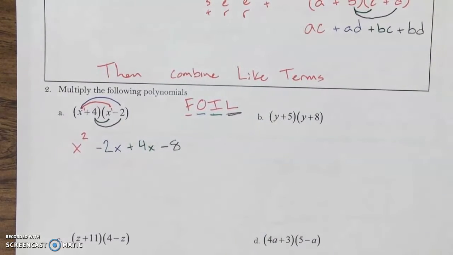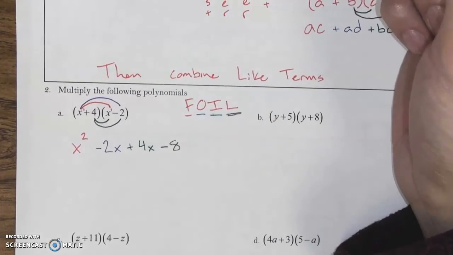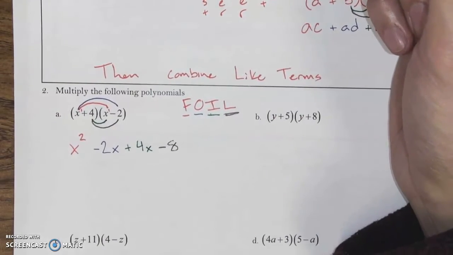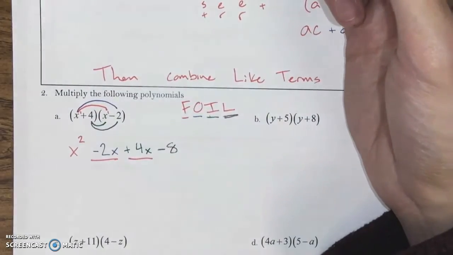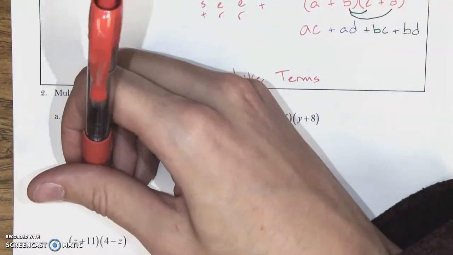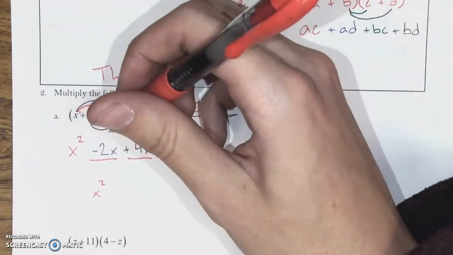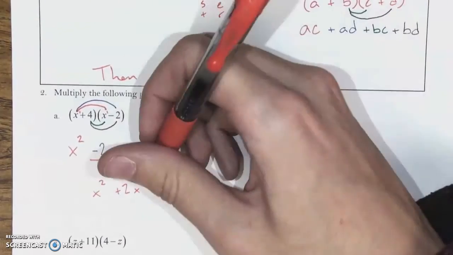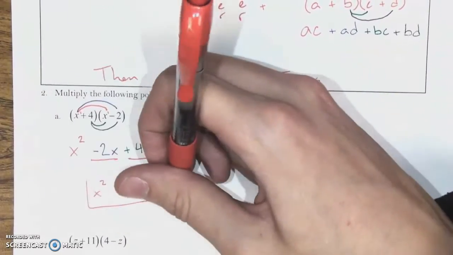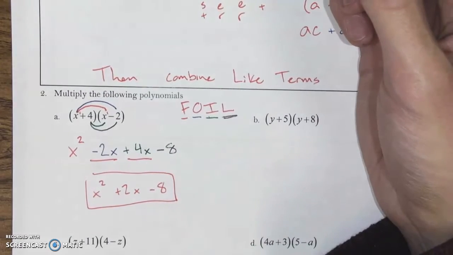Now we see here that we must combine like terms. Remember, like terms have the same variable and the same exponent. We've got a negative 2x and a positive 4x that we can combine. So when we combine those, we have negative 2 plus 4 is a positive 2x. And then we bring down the rest. And that's our solution.